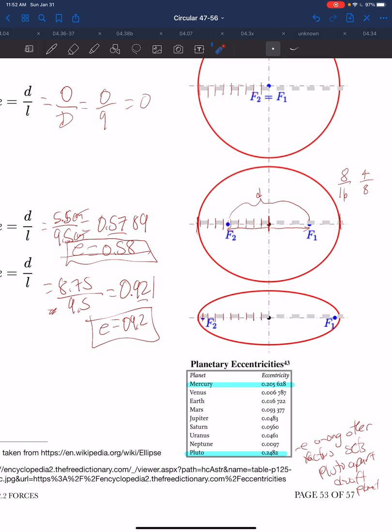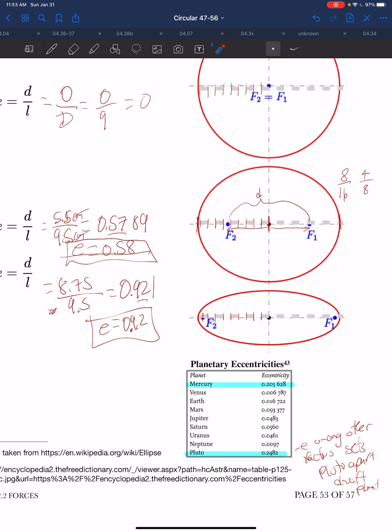Now let's compare that to the numbers we came up with for our ellipses. The smallest of the 3 that we had, after 0, of course, is this 0.57. 0.57 is more than twice the eccentricity of Pluto.